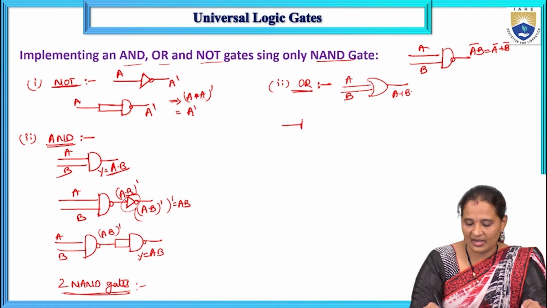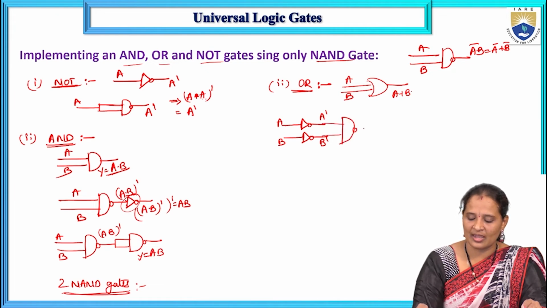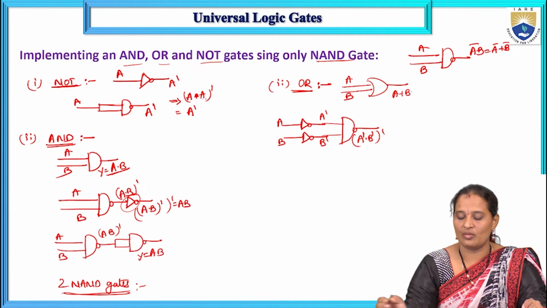For that, I take two inverters, where the inputs are A and B. The outputs of these two inverters are A bar and B bar. Now I am giving these two to a NAND gate. So what output will I get? I will get A bar dot B bar whole bar.